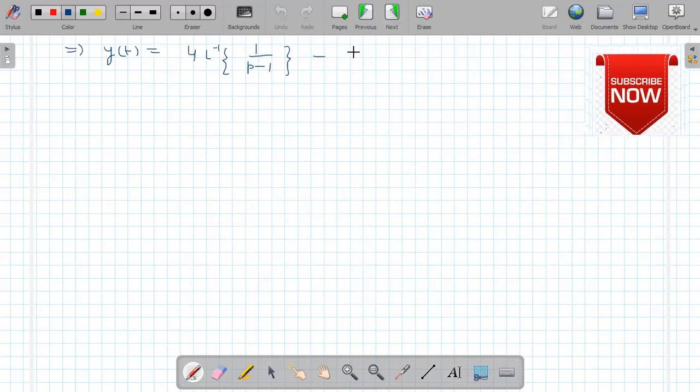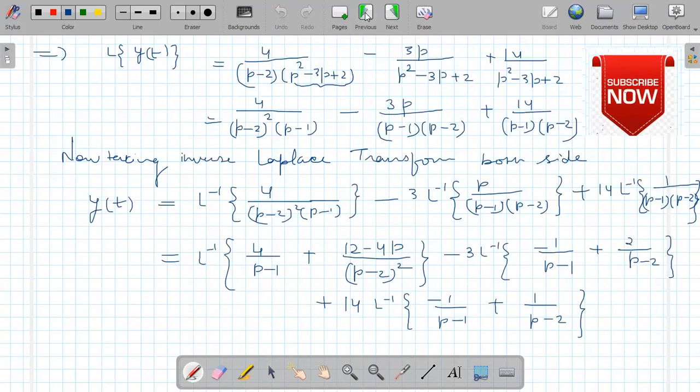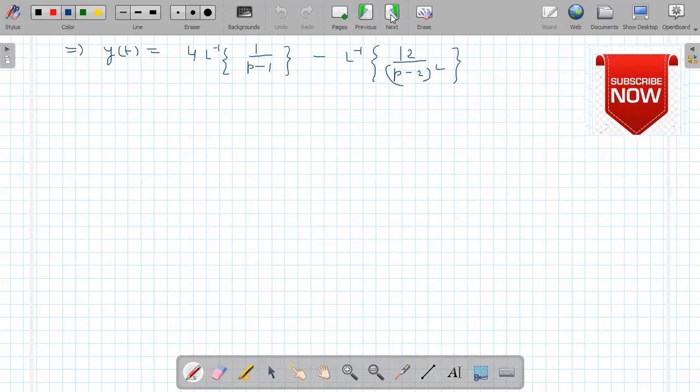So we have L inverse of 12 upon (p minus 2) whole square, because we have 12, so we have positive sign here, and with 4 we have negative sign, p upon (p minus 2) whole square. That's done with this.